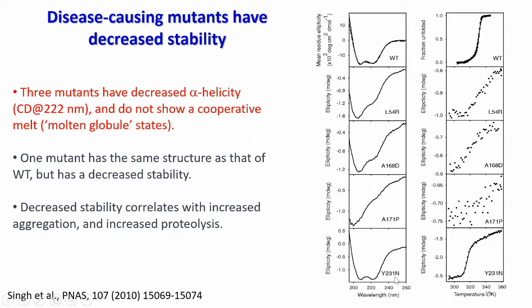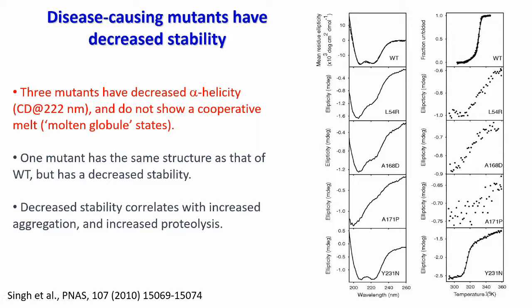Although Y231N is an alpha helical protein, very similar to wild type, if you compare the two melts, you can see that the Y231N mutant is significantly destabilized compared to wild type.